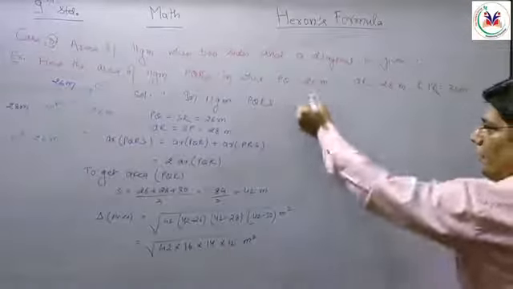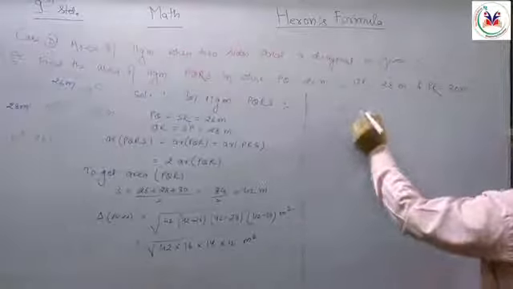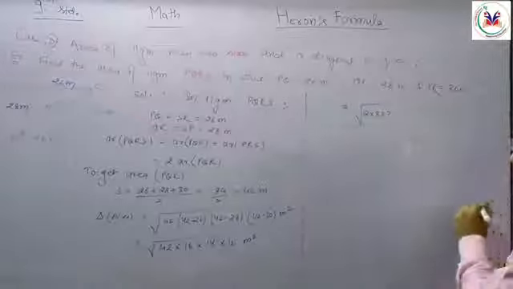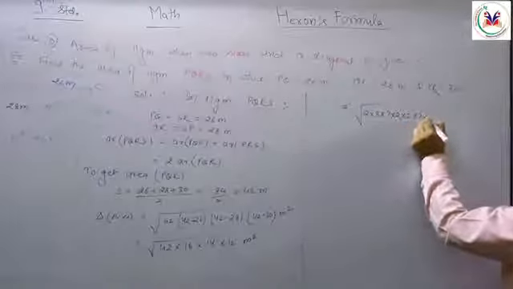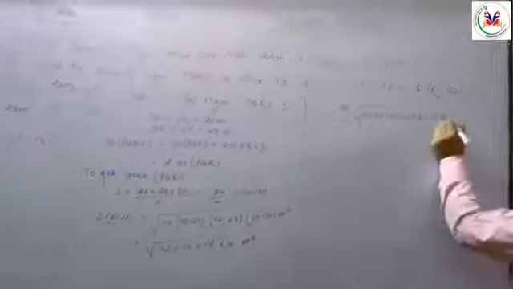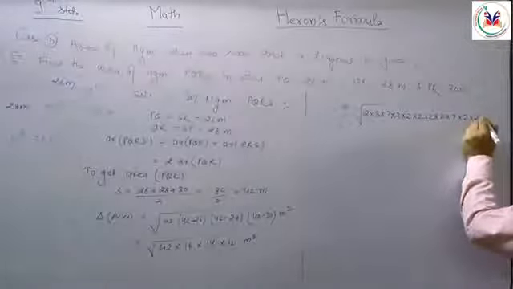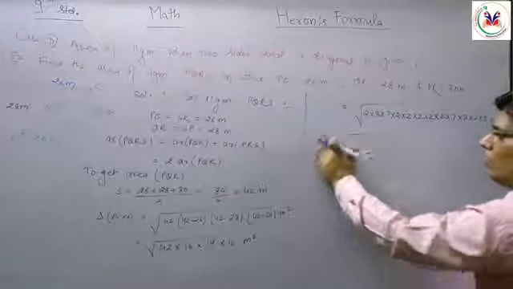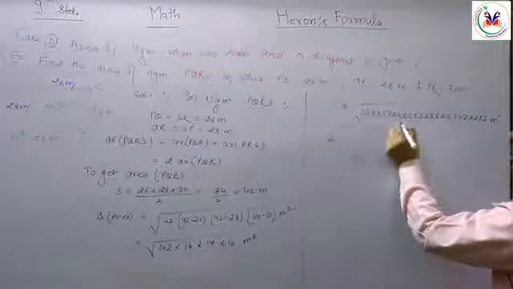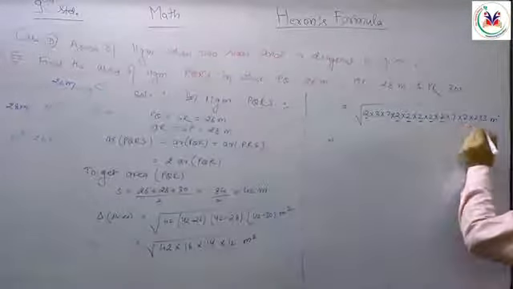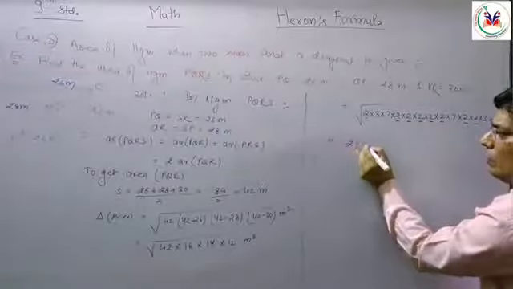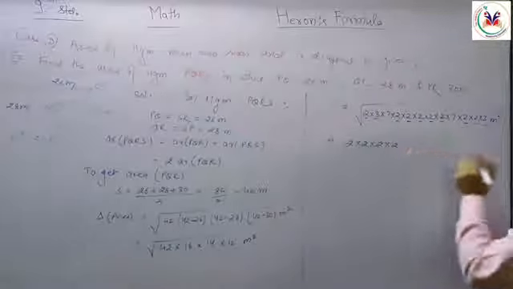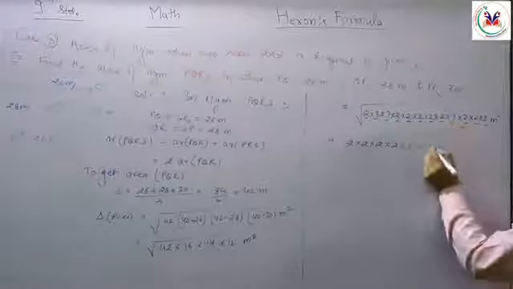Now we should calculate the factors of those things. So 42 is 2 into 3 into 7, 16 is 2 into 2 into 2 into 2, 14 is again 2 into 7 and 12 is 2 into 2 into 3, that will be meter square. Now we count 8 times we are getting 2, so we should write it 4 times. Now 3, we get it 2 times, so we write it here once. 7 also appears 2 times, so we write it once.